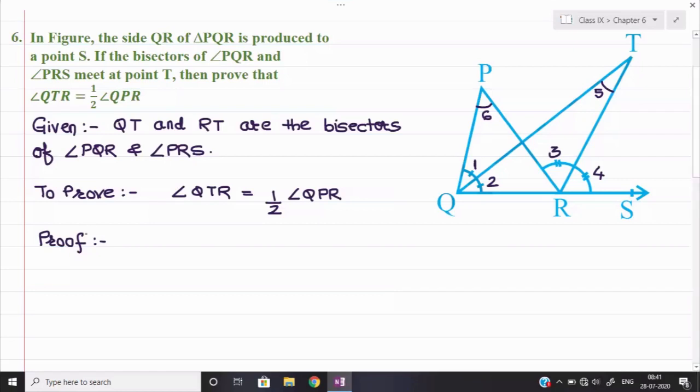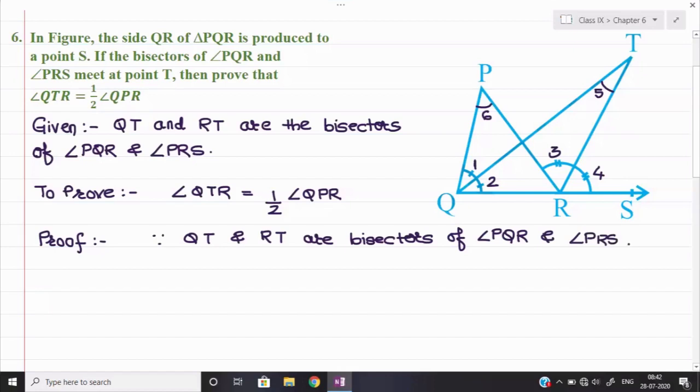So here we shall write down, since QT and RT, I will take both of them, are the bisectors of angle PQR and angle PRS respectively, right? So we can say that therefore angle 2, I am taking angle number 2 here.